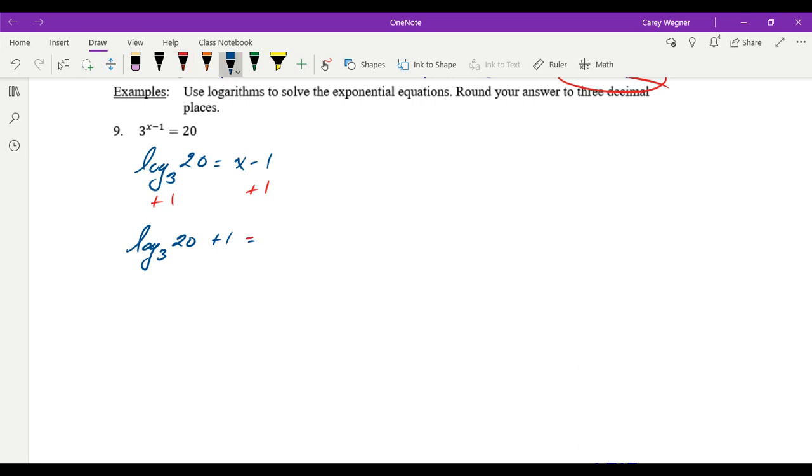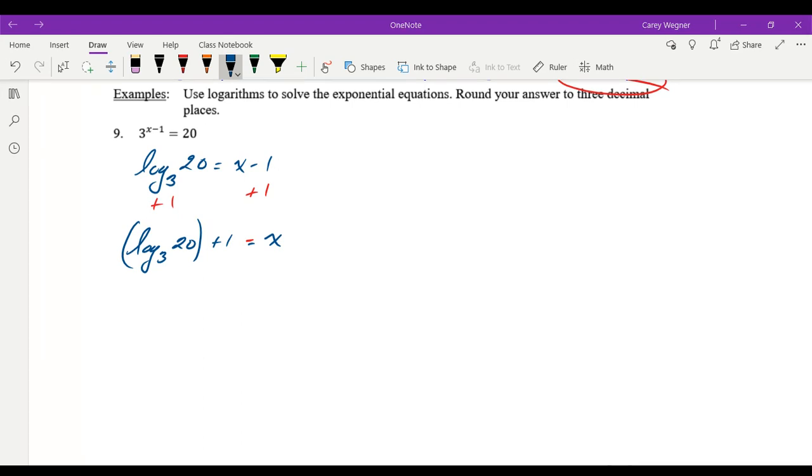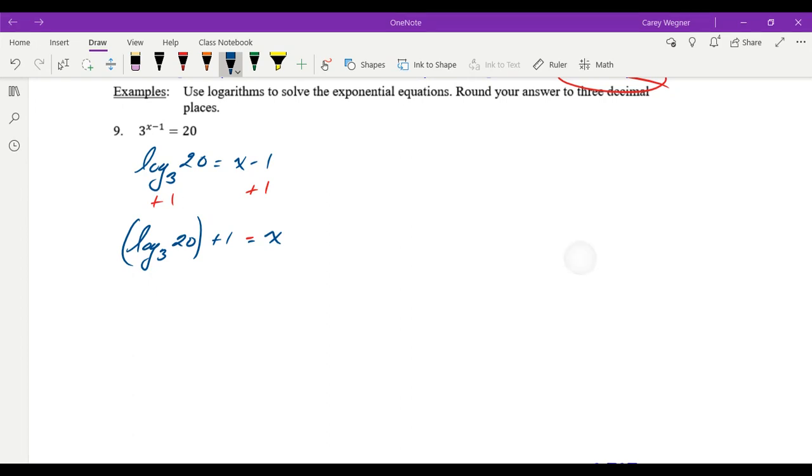If I wanted to be super precise in what I'm writing here, I could put brackets around that log base 3 of 20. It doesn't have to be there, but for some of us that may help us to be a little bit more careful, making sure that we don't make the mistake of adding the 20 plus the 1.